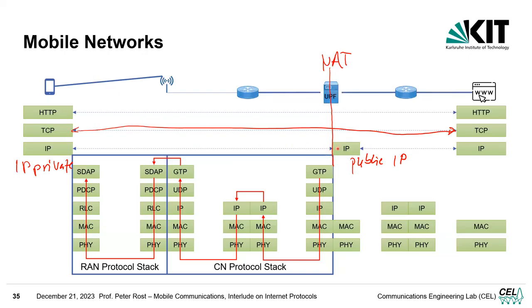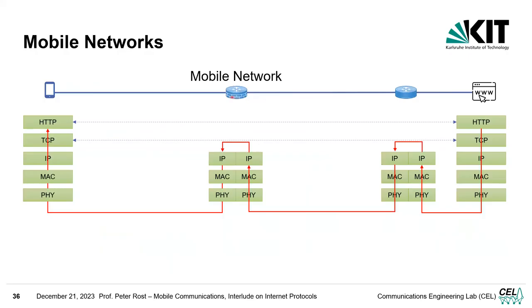The UPF translates your IP address, asks the web server, you get a response, and then your UPF translates it back to a private IP address in order to deliver it to your mobile phone. Okay, now from the outside world, the only thing that is actually visible is a router.